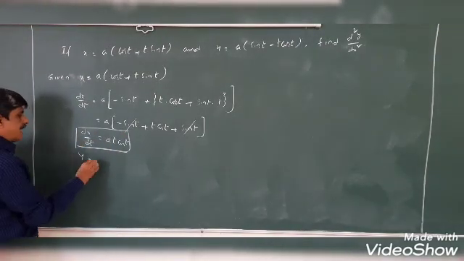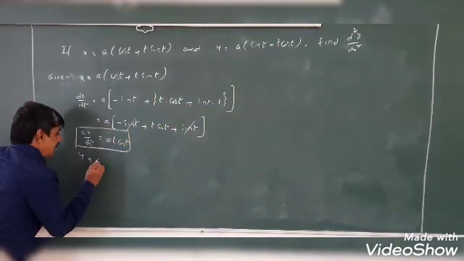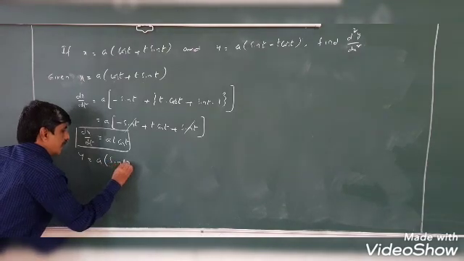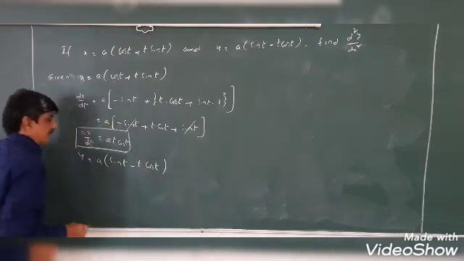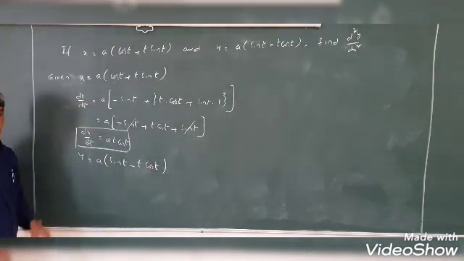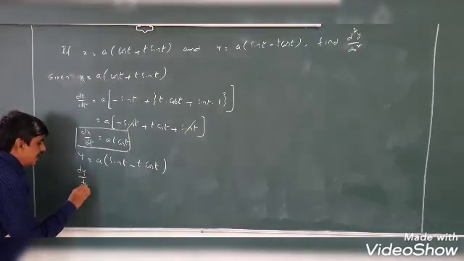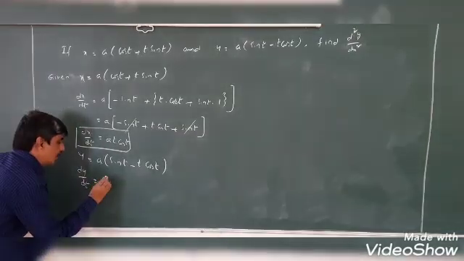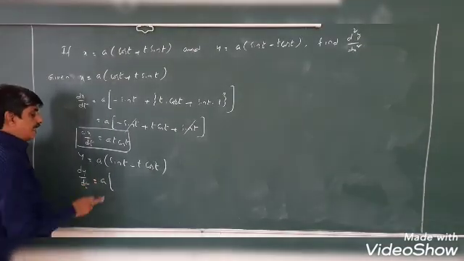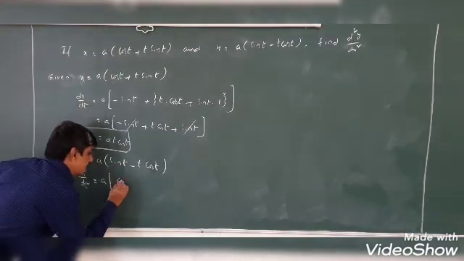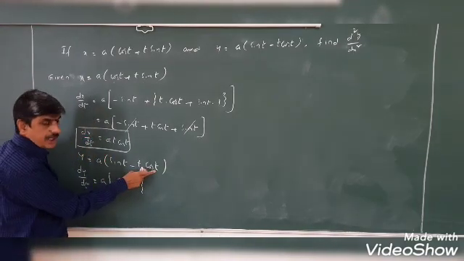Next, y is equal to a into sin t minus t cos t. Then differentiate with respect to t on both sides. d by dt of y, we will write it as dy by dt is equal to a, constant coefficient, keep it same. d by dt of sin t is cos t minus d by dt of t cos t.